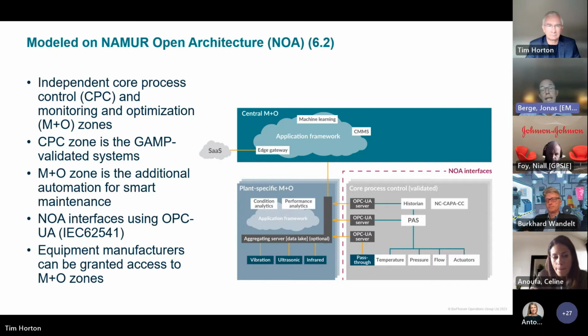And it enables changes to be made in the M&O zone without requiring new GAMP validation of the automation in the CPC zone. Equipment manufacturers can be granted access to the M&O zone to manage the condition and performance of their equipment, like pumps. Next slide, please.